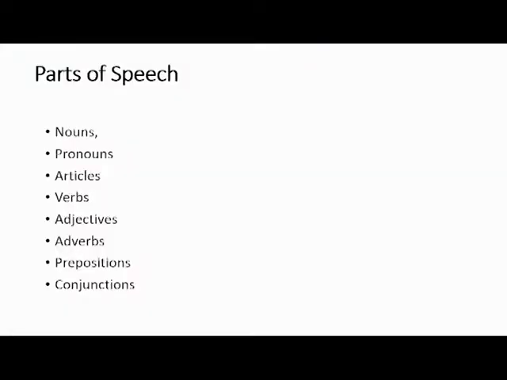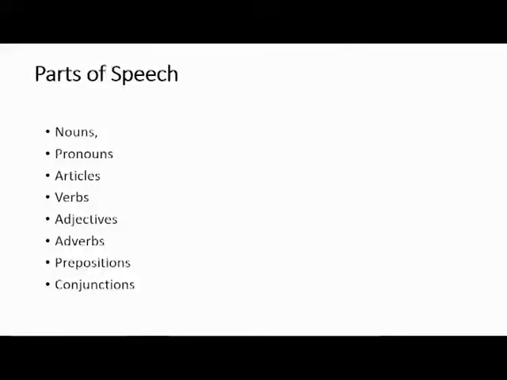These are verbs such as is, was, are, were, and am. And then we have adjectives. The function of an adjective is to modify or describe a noun, such as a red car, a blue chair, or a beautiful lady, a handsome man.